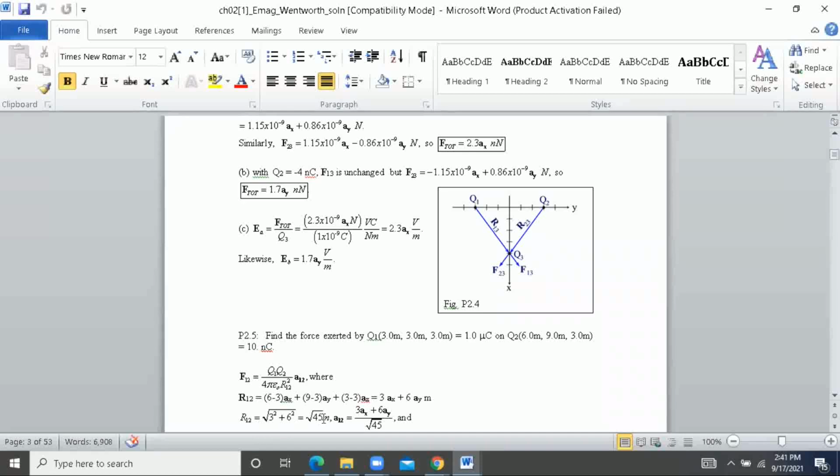So this is your R12, the vector between Q2 and Q1.